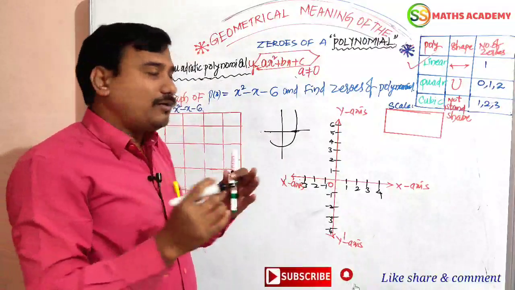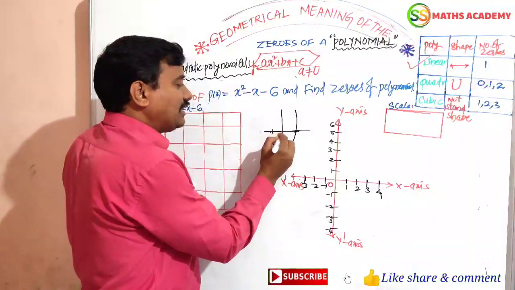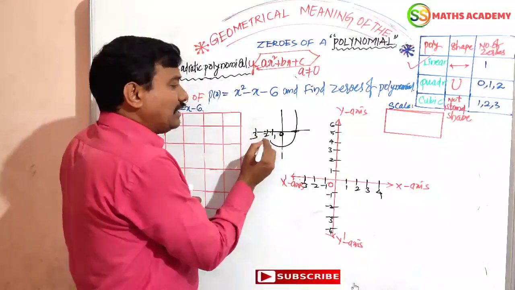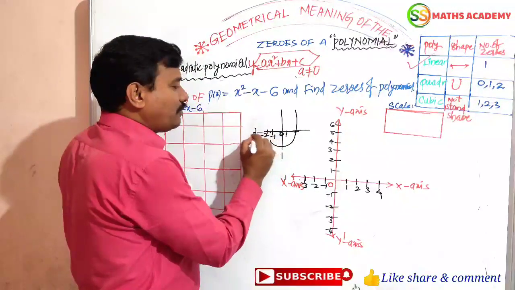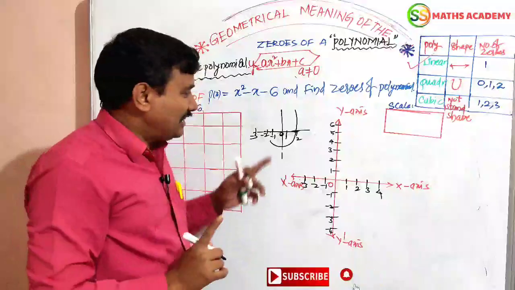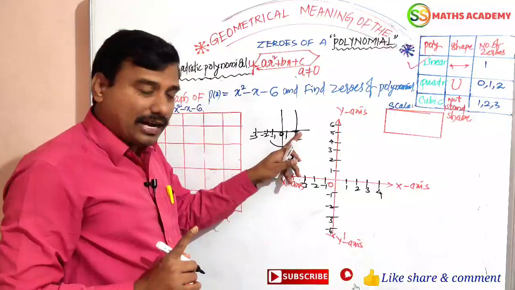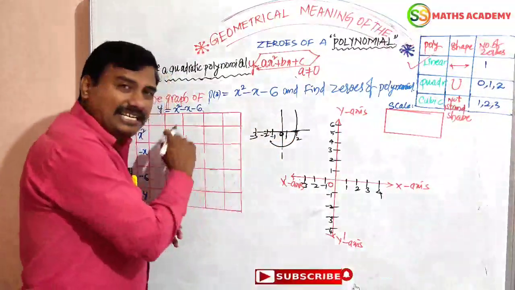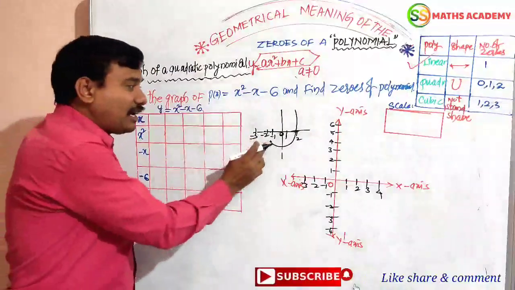In this way, maybe your answer is 1, 2, 3. Actually the intersecting points are minus 1, minus 2, minus 3. Suppose, friends, this graph intersects at 2 and minus 2. By taking values of your own wish, you are getting the graph up to here only.